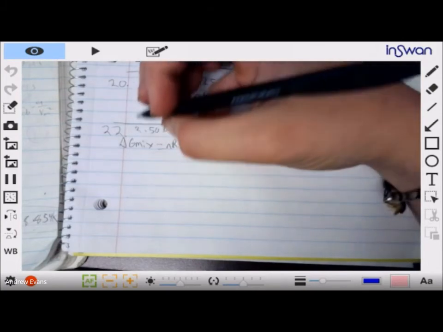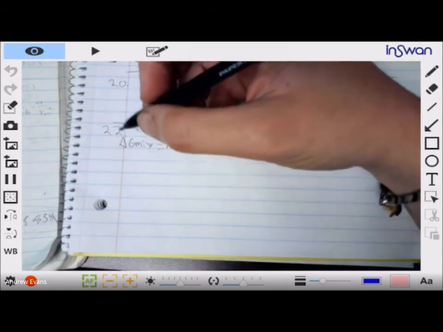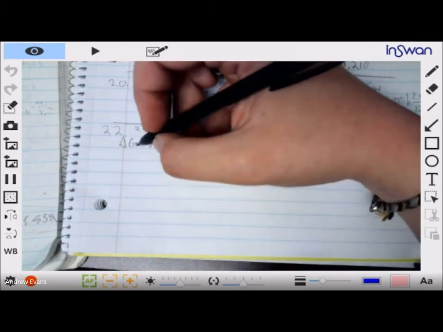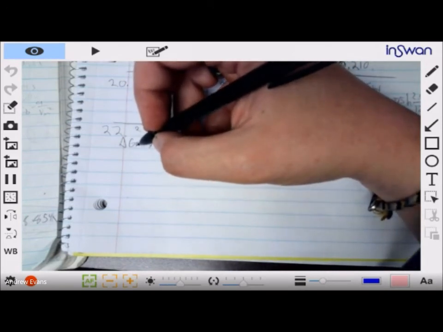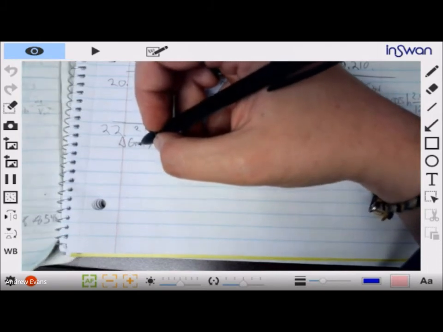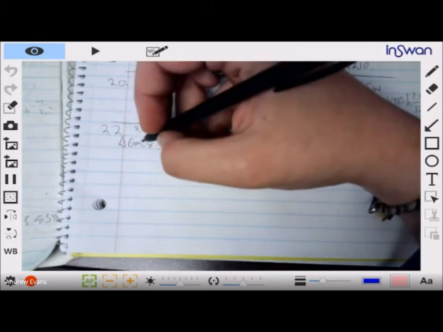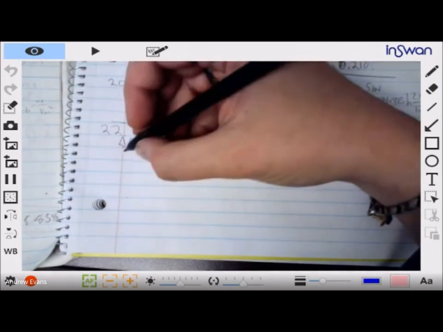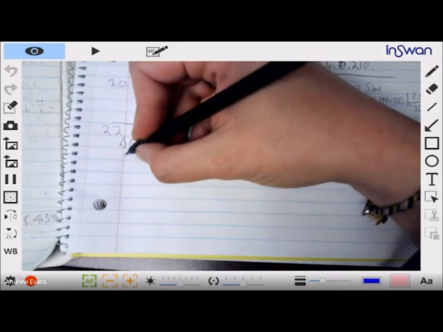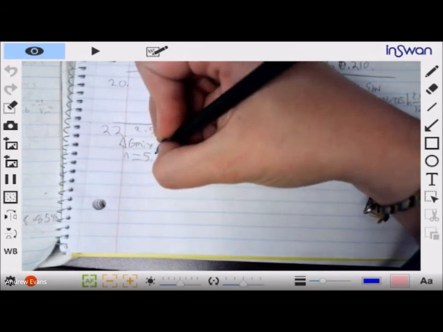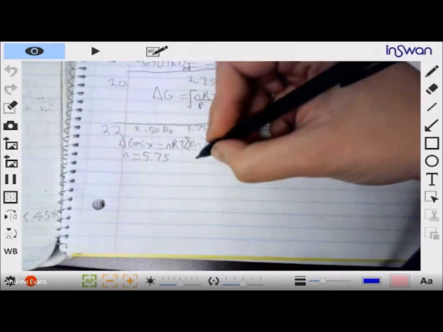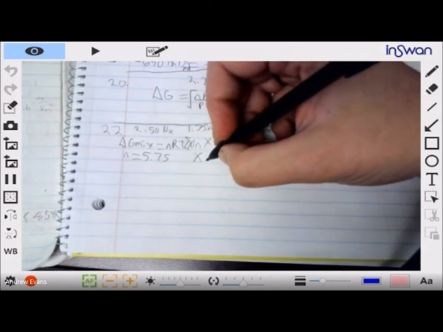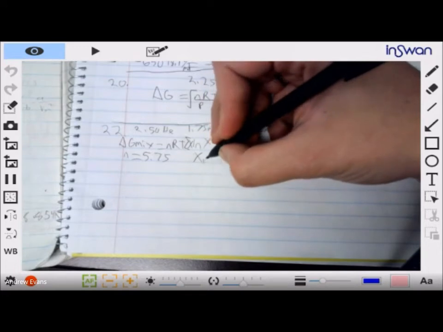The first step is to find the total moles and the mole fraction of each. The total moles is just the sum of our three values: 2.5, 1.5, and 1.75, and we should get the total moles to be 5.75. From that, we can easily get the mole fraction, being moles over total moles.